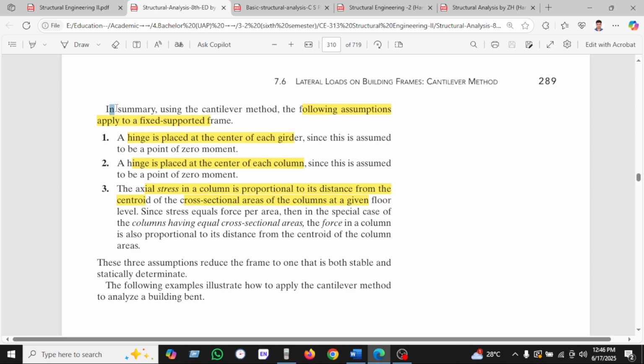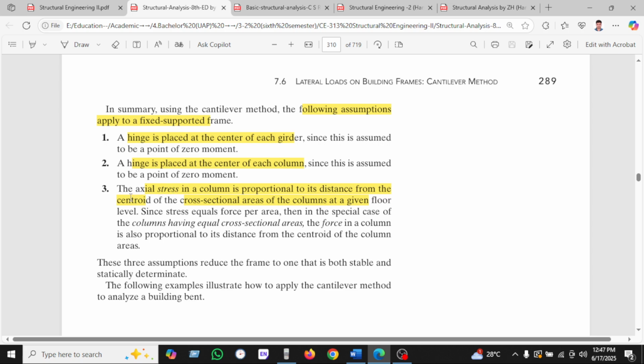Let's see the following assumptions based on the Hibbeler book. A hinge is placed at the center of each girder, since this is assumed to be a point of zero moment. A hinge is placed at the center of each column, since this is assumed to be a point of zero moment.